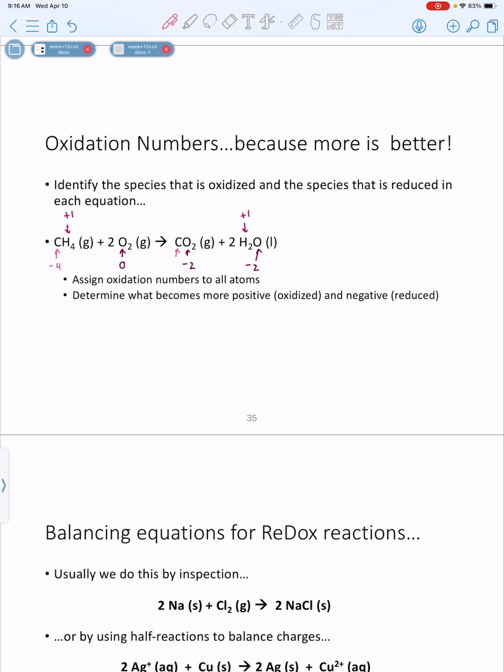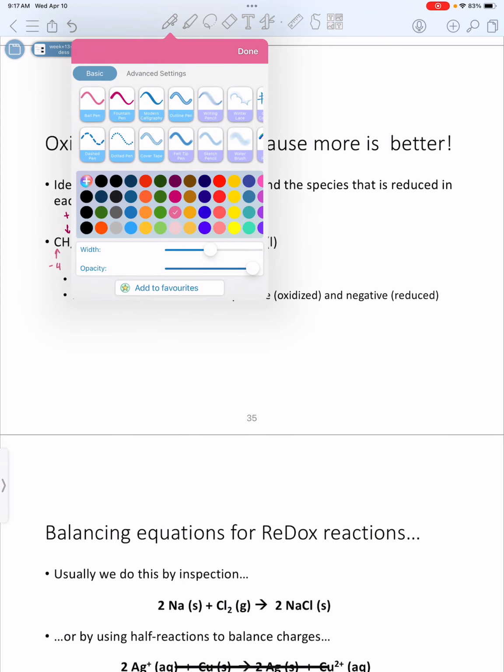So if I look at my overall reaction, which species is being oxidized, right? Which species is becoming more positive as I go from the left to the right? Right. Now keep in mind, I can't separate the carbon from the methane, right? So in this particular species, methane is the thing that's being oxidized.